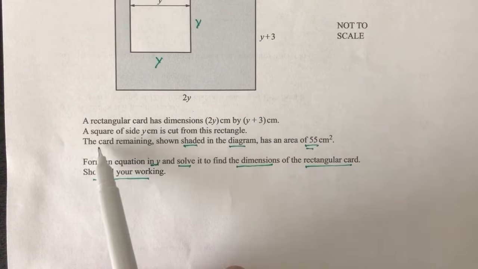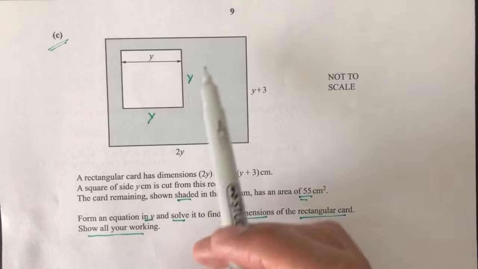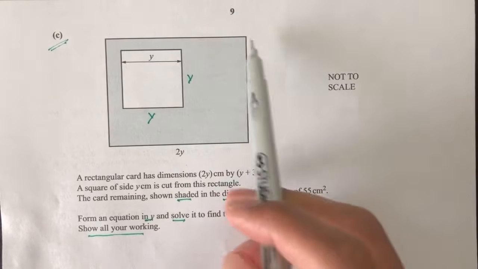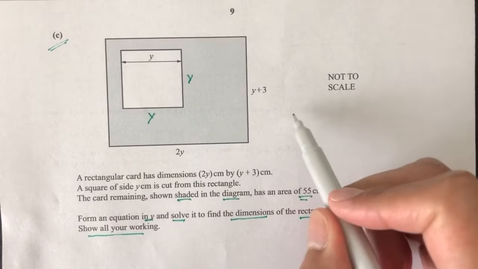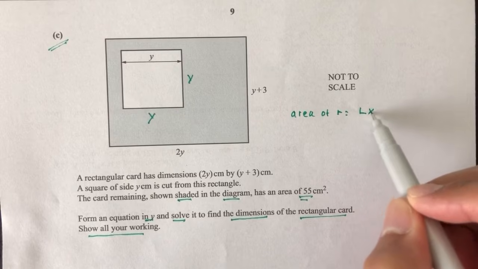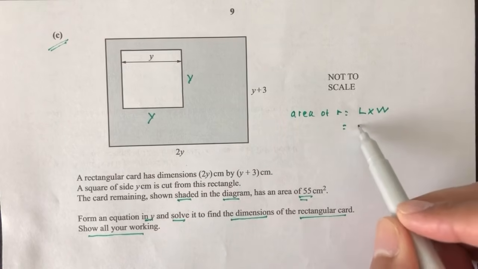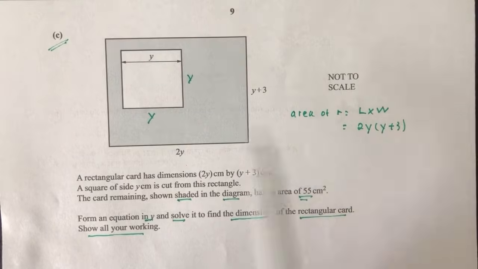So the card remaining, it has area of 55. So how do you find the area of the card remaining? So we have to take the big one minus the inside one. So big one is what? Area of rectangle is length times width. Length is 2y, width is y plus 3. And what is area of square?